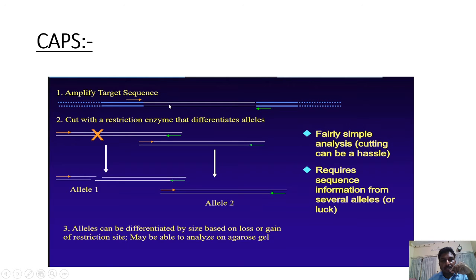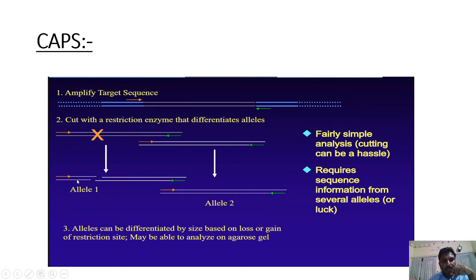So after the PCR process, we will get an amplified product. The second step is that you have to treat it with a restriction enzyme. Here we have a restriction site for that particular enzyme. So after treating with the restriction enzyme, you will get two fragments of that amplified product.